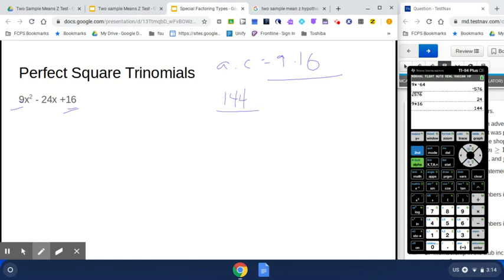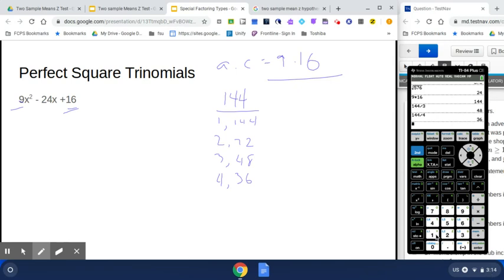All right, so I'm listing out the factors of 144. We've got 1 and 144, 2 and 72, 3 and, let me divide those two. 144 divided by 3, 48, 4 and 36. 5 does not go in.